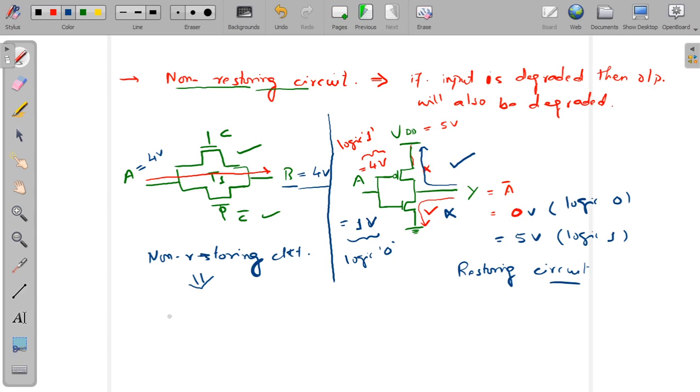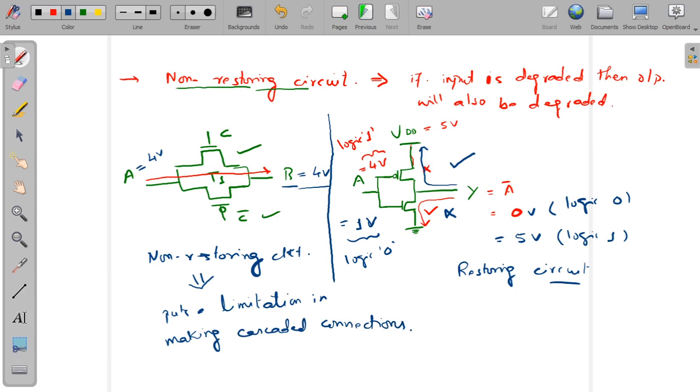Okay, so this puts a limitation in making cascaded connections.